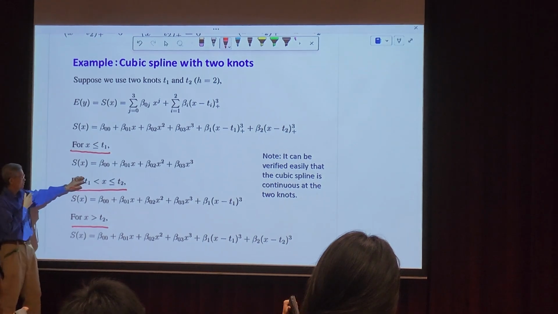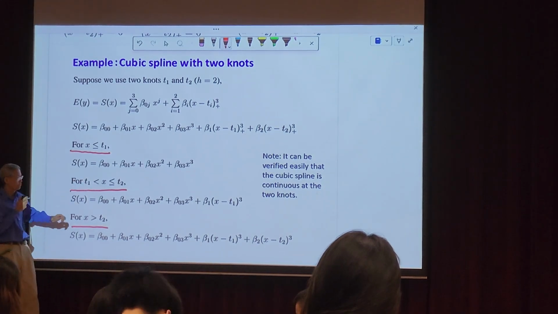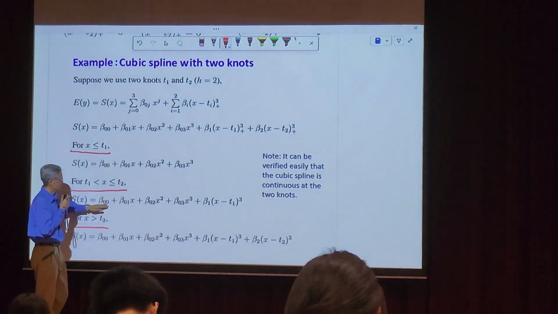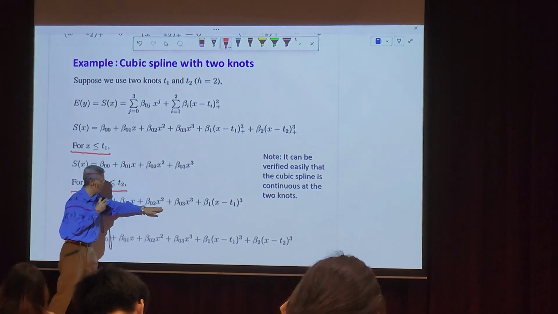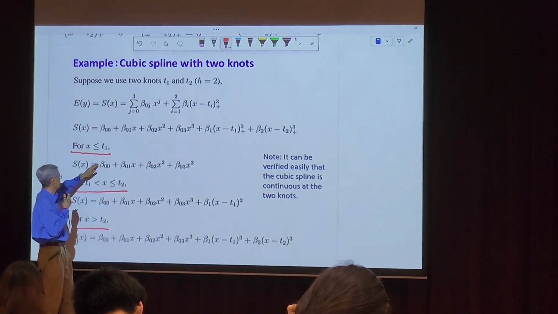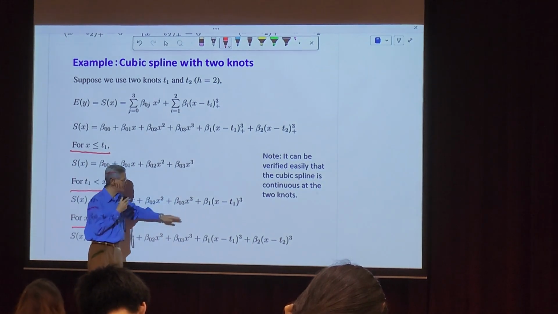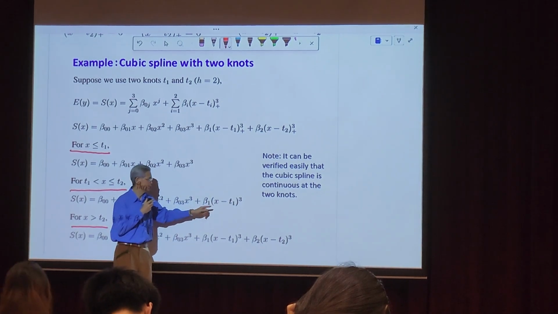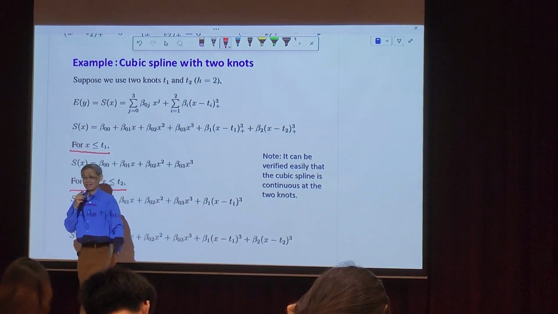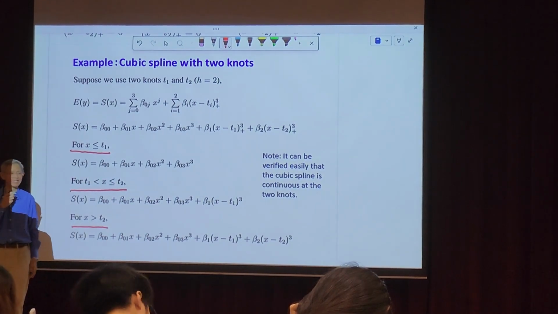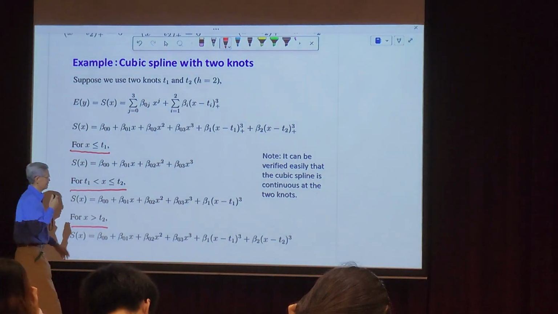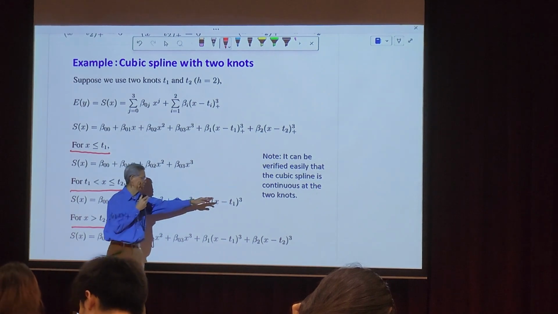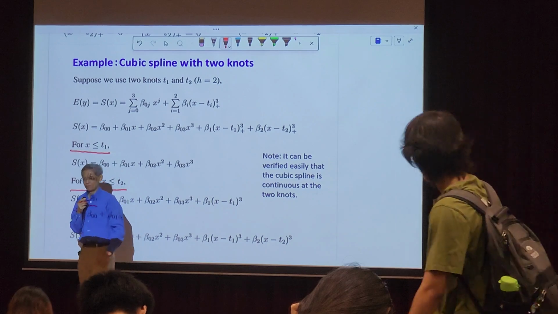And for the middle segment, we will continue to use this basic cubic polynomial from here. And what we do is, we add another cubic polynomial. When you expand this, you have a cubic polynomial, of order 3. You will have all the terms of x, x squared, and x cubed.